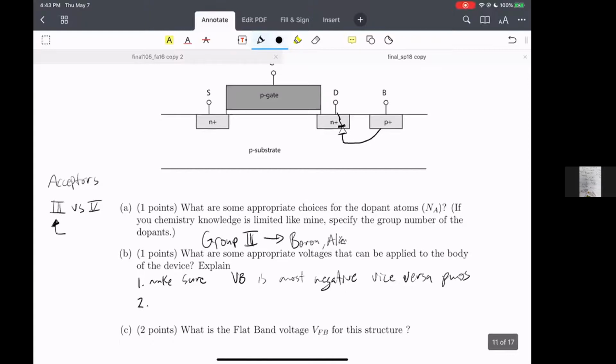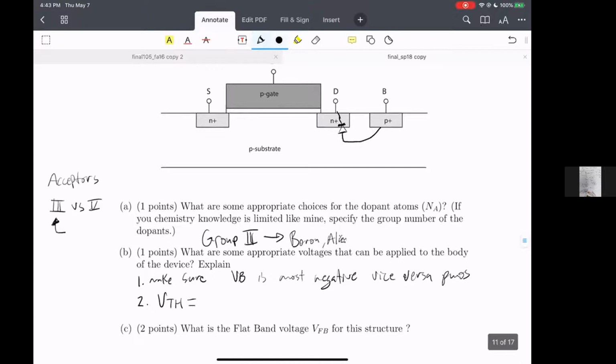But if you do have the body bias, then you're going to run into problems like the second order body effect, where your threshold is changing its value. I don't think they're asking about this in the question, but it's something to keep in mind.